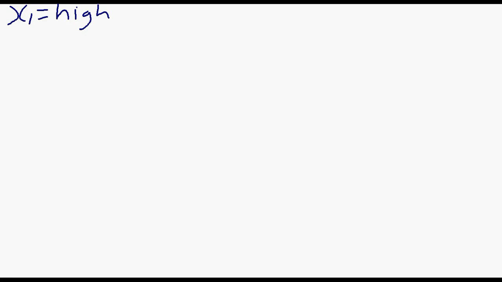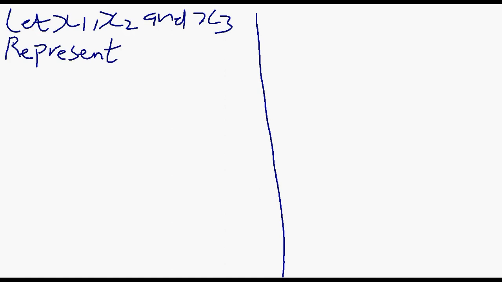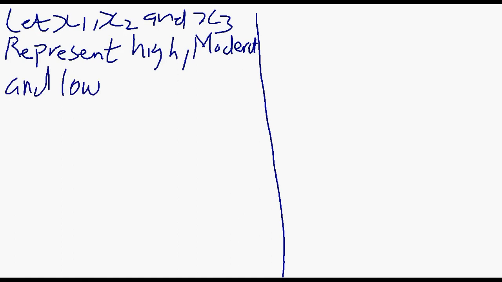So first of all, we will say let x1, x2, and x3 represent high risk, moderate, and low risk, respectively.